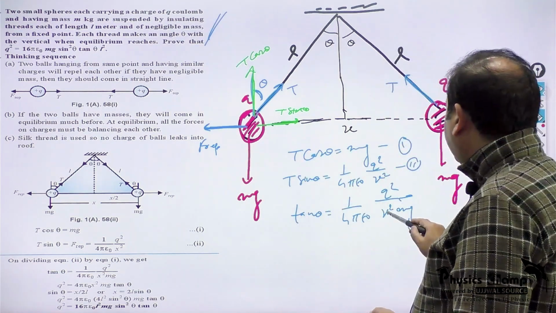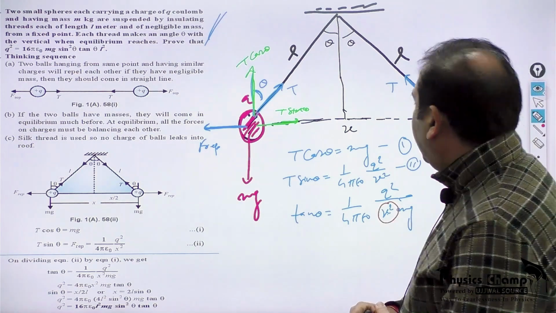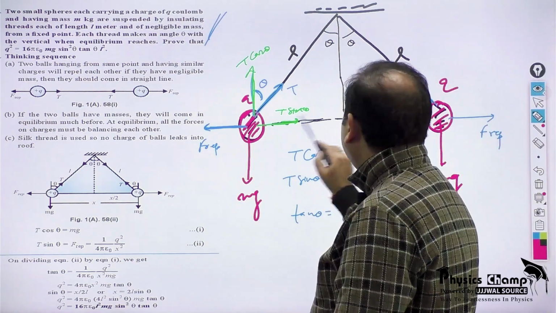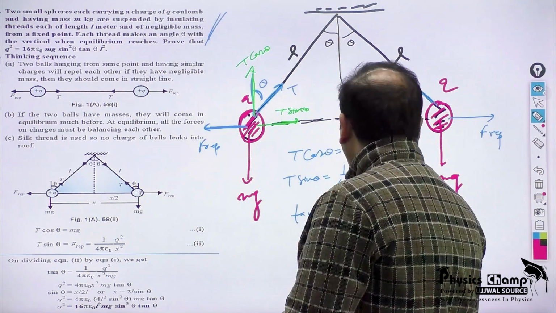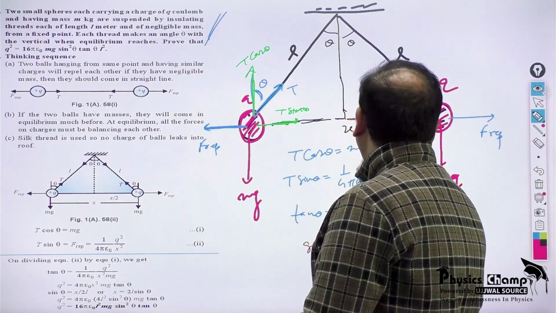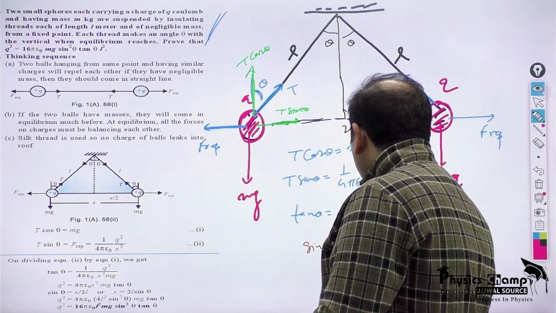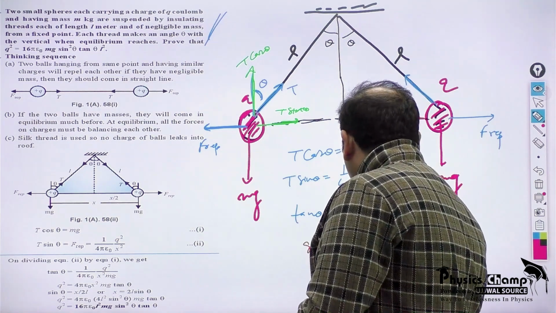So I need to write something for x square here. Can we write sine theta in this arrangement as half of x, that is x by 2, divided by L? So x can be written as 2L sine theta.